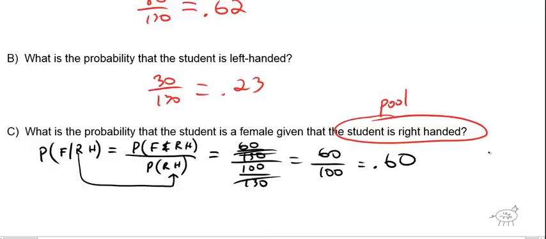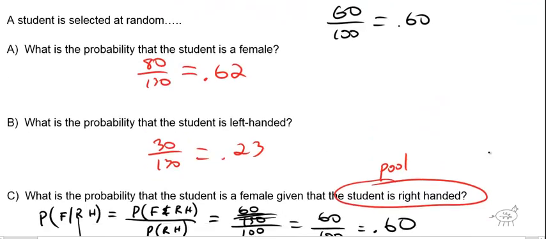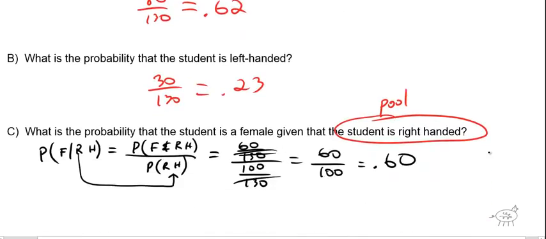All right, again, this value right here, the given, is going to be the denominator, basically. Okay, the given is going to be the denominator. Remember when I taught you guys probability, I said it's the success over the total.